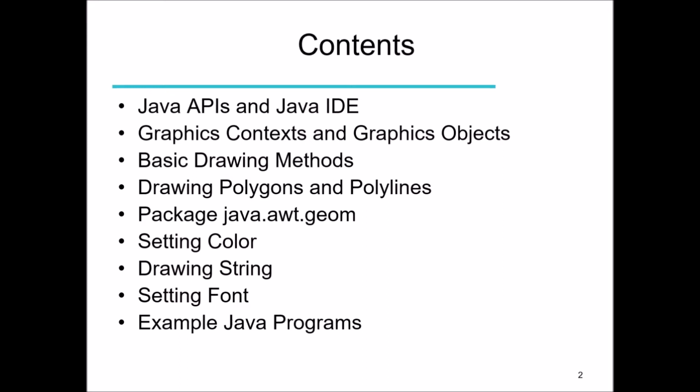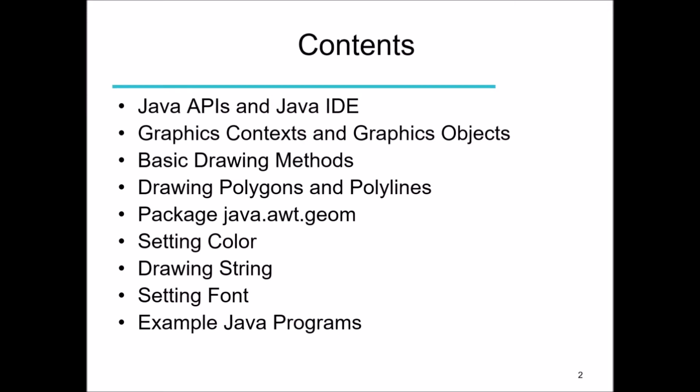We are going to discuss the advanced package Java AWT geom, which is basically the geometry package to draw graphic objects. We are going to discuss setting the color, and how we can use the built-in colors. Some built-in colors are already available. We can use them with just one statement, but there are other methods too. We can create our own colors.